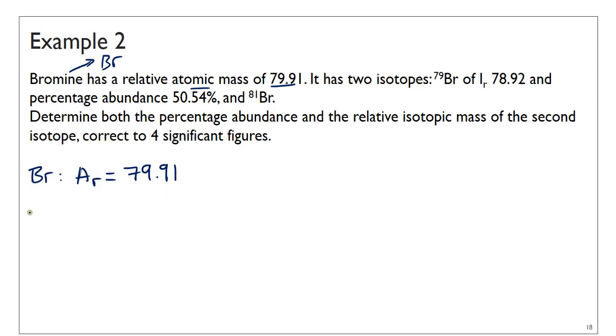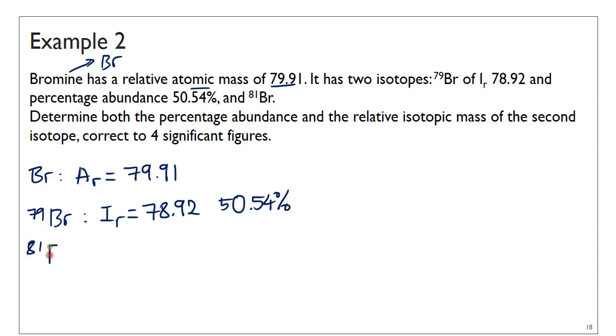They give you the relative isotopic mass of bromine 79, which is 78.92. And this one has an abundance of 50.54%. And then the second isotope, which is bromine 81, you are not given any information on that.